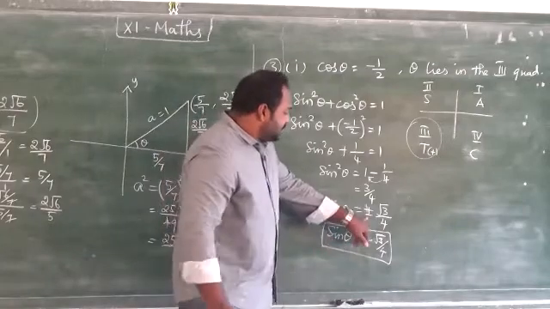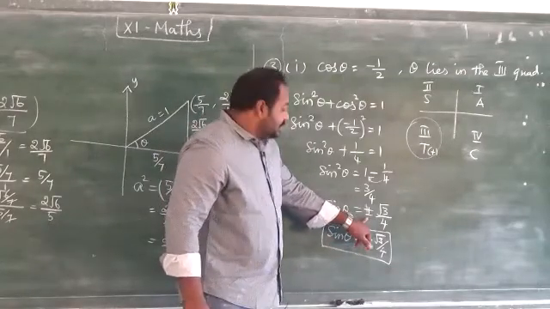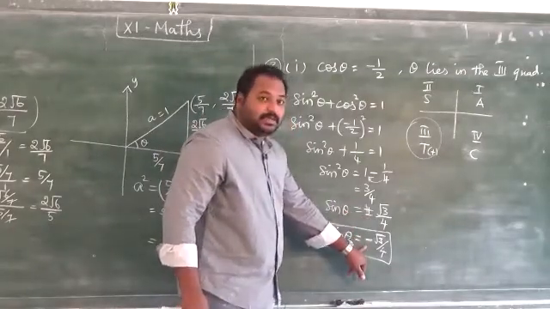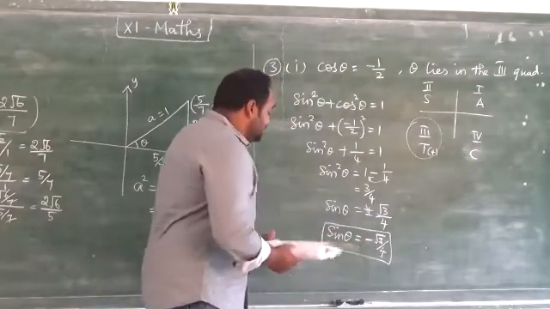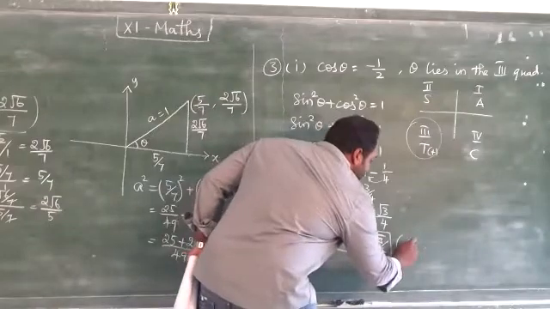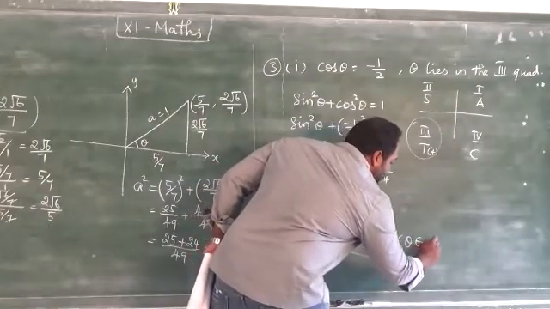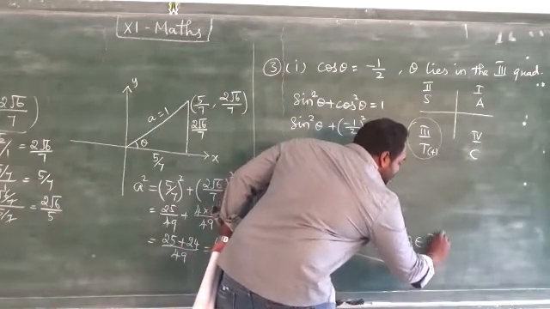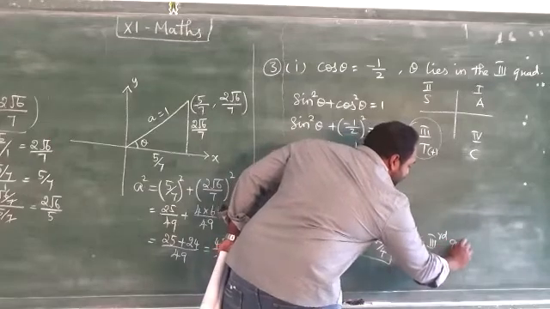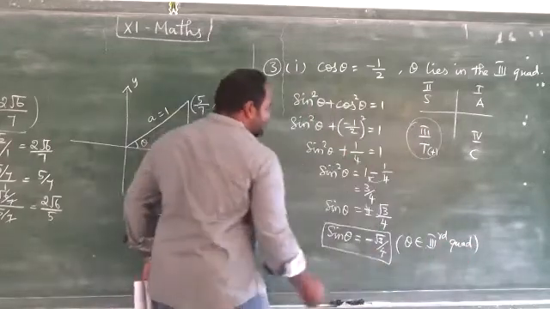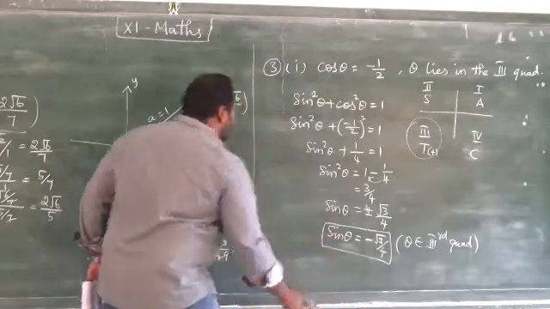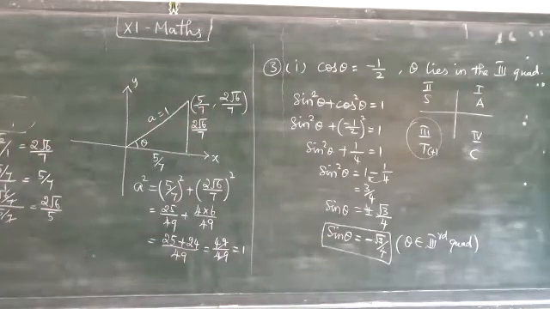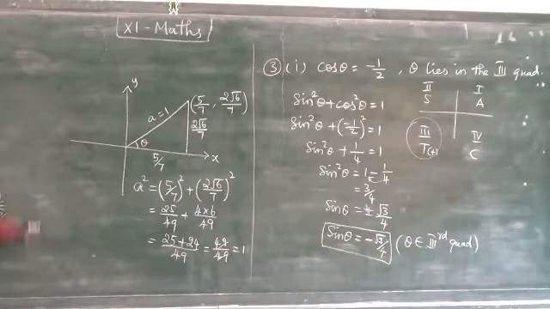It is not plus or minus root 3 by 4, it is only minus root 3 by 4, because it is a third quadrant. You can write here theta belongs to third quadrant, so that it is negative. Now we have sin theta, so we still have to find the other 4 ratios.